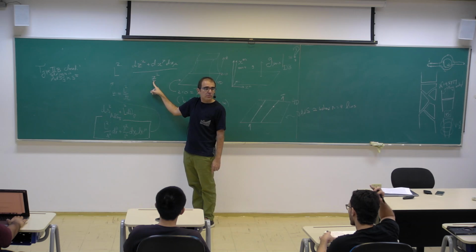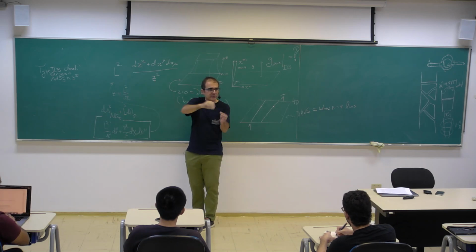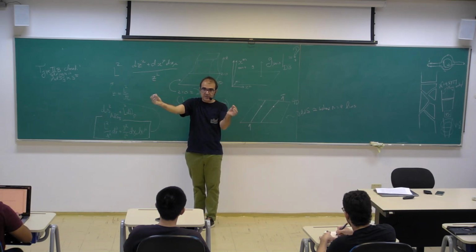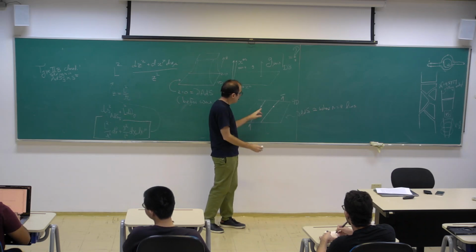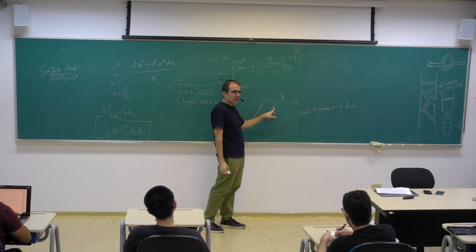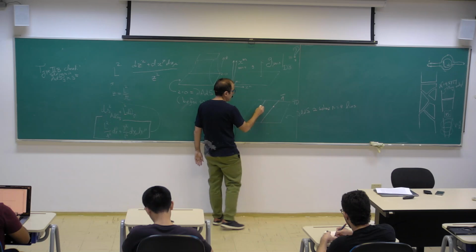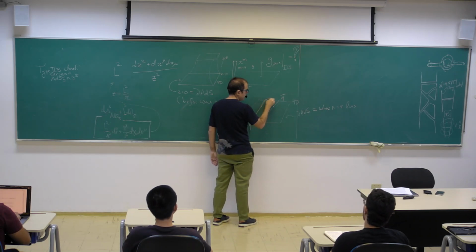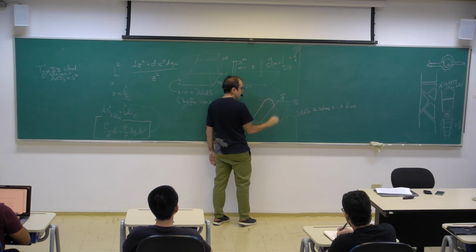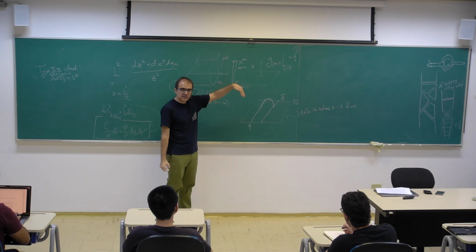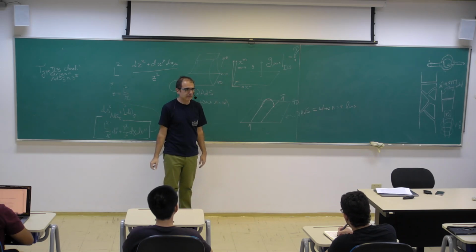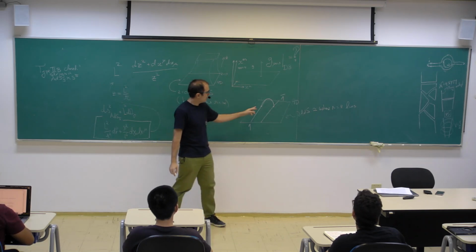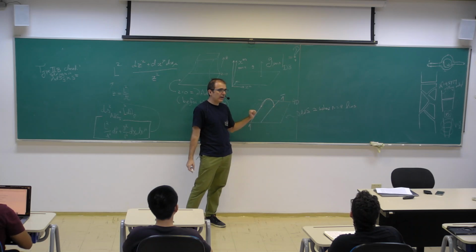So if you want to minimize the length of the string that is stretched, because that will have the lowest energy when it has the minimal length, you want to avoid connecting them close to the boundary. That costs lots of length. Do you agree? So what you want to do is something like this, where the string that connects the quark and the anti-quark goes inside. That's the string connecting the quark and the anti-quark.